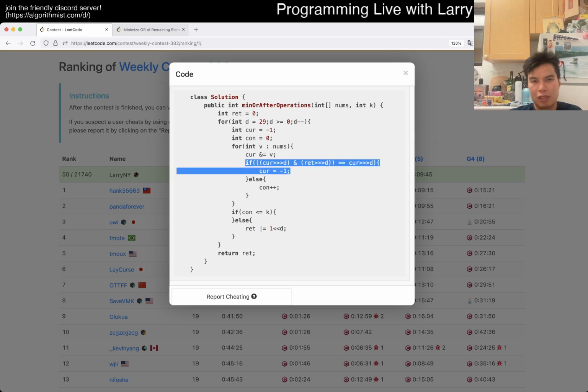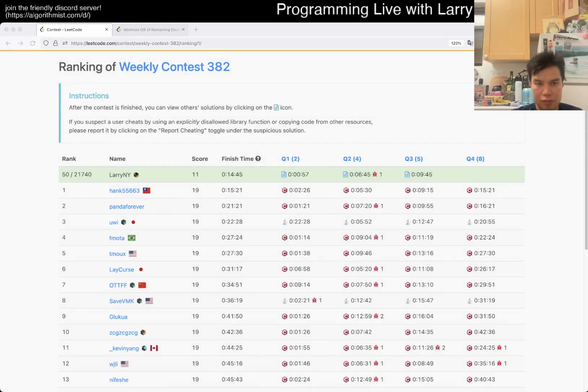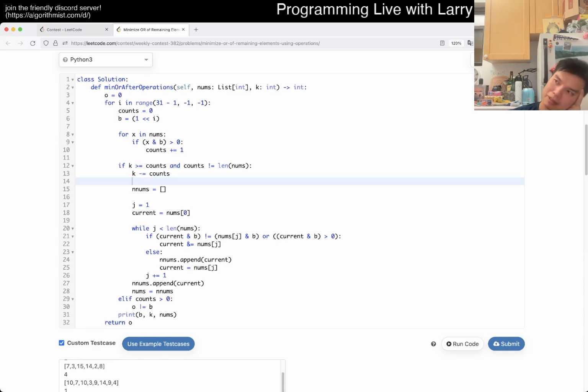Oh, so this is the way that you do already subtracted, I guess. I kind of see, I think I was trying to do it bit by bit, but it's a very hard concept.